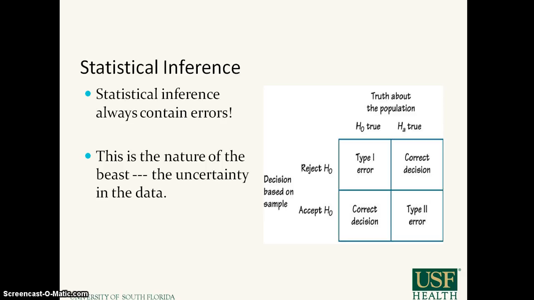If you have 100%, it becomes a law of physics or something. So all statistical inference is subject to errors we call type 1 error or type 2 error. Okay, from the introductory statistics course, you should have learned what type 1 error and type 2 errors are.